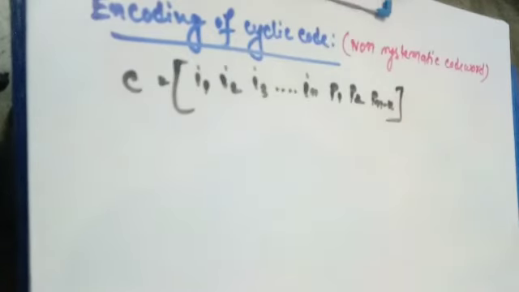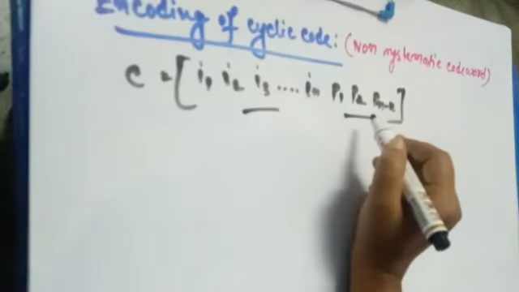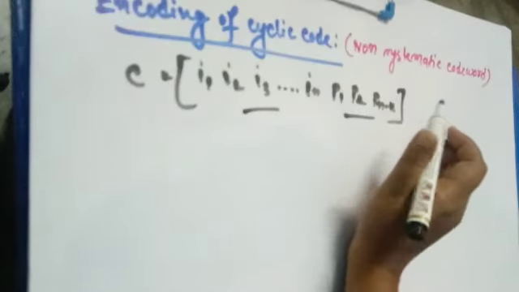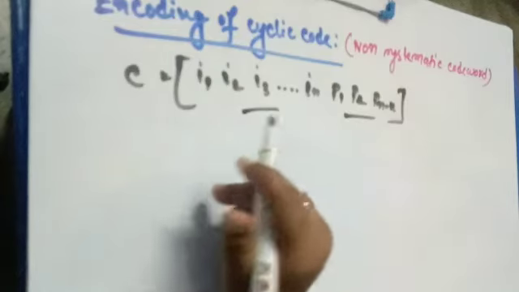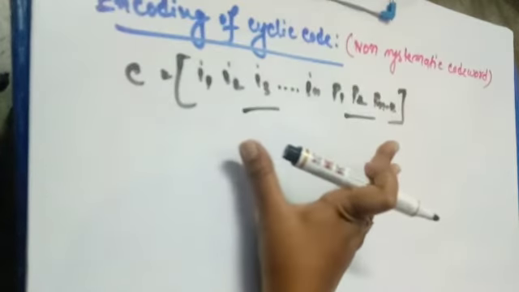It means the information bits are separated from the parity bits. But this is for systematic formation of code word. In case of non-systematic code, the information bits and parity bits are not separated from each other. They are mixed up.